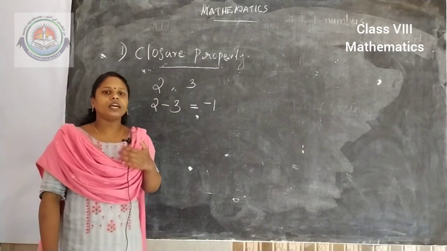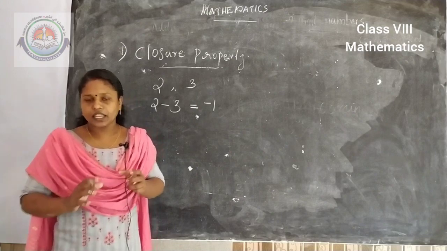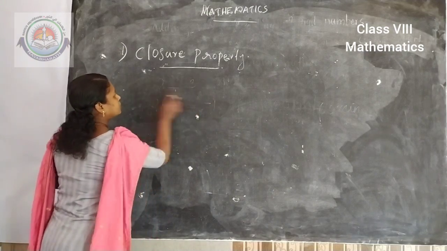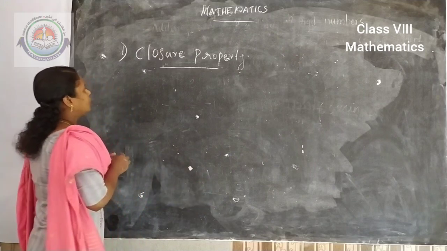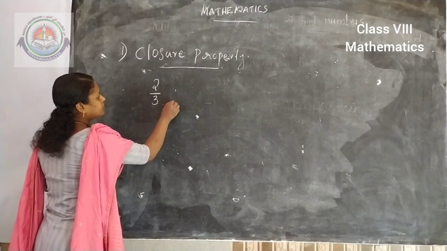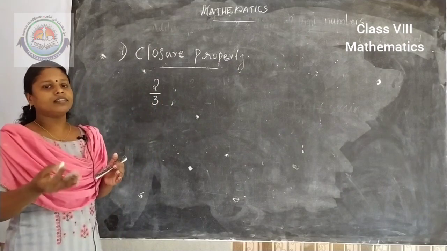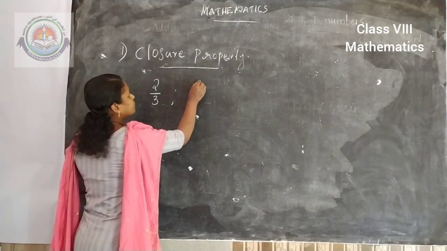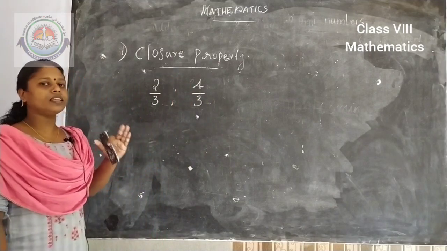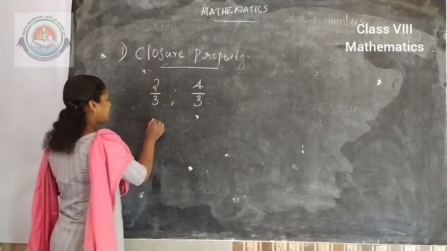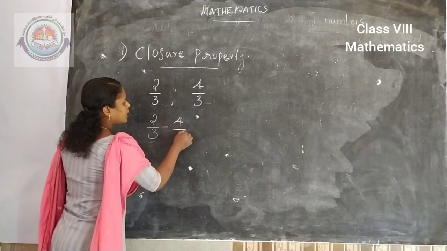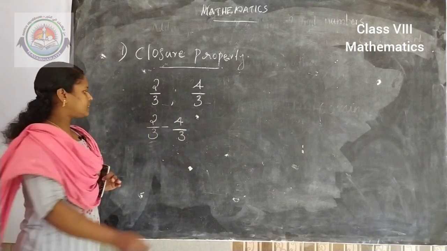So we can say that closure property holds for integers. And what about rational numbers? We are taking two rational numbers. First rational number is 2 by 3, and another rational number is 4 by 3. And we are subtracting these two rational numbers, that is 2 by 3 minus 4 by 3. What is its answer?